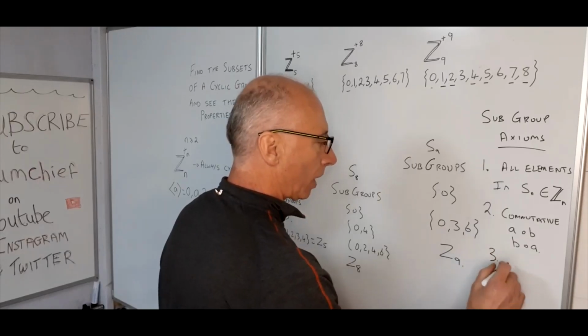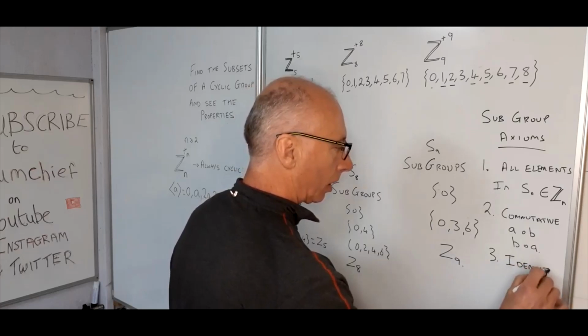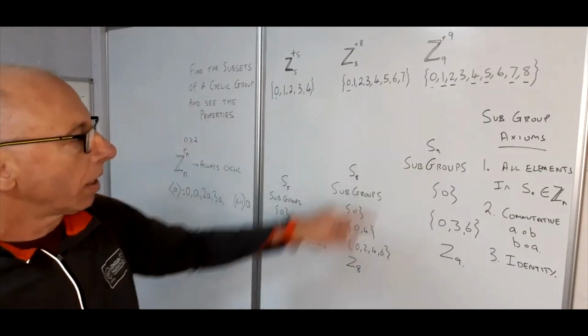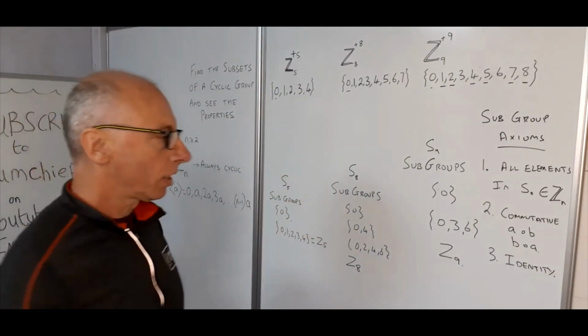Then what about number 3? Identity. So the identity element in these groups is 0. And we can see that 0 is in all of these groups.